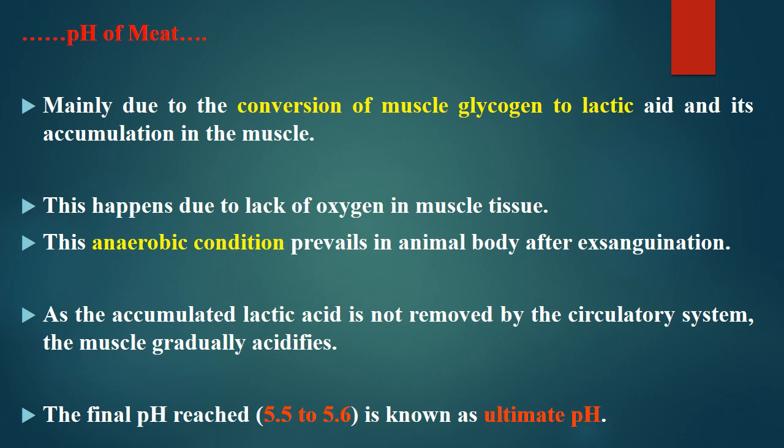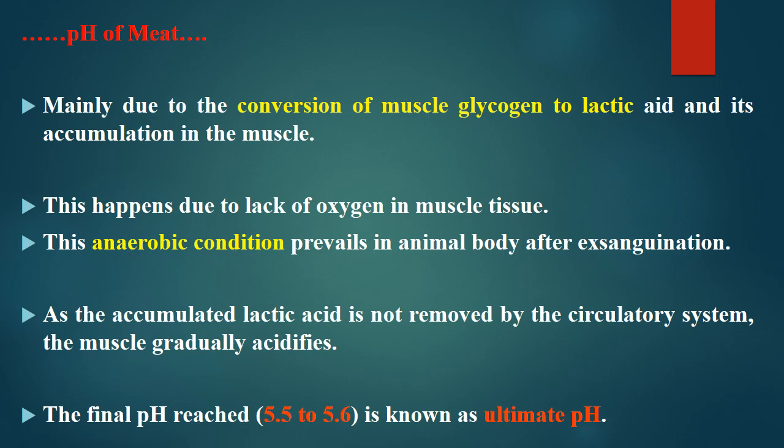After slaughter there is no blood circulation, so there is no oxygen supply, but the muscle still wants energy, and to maintain structural integrity ATP formation continues. Whatever glycogen is available undergoes glycolysis under anaerobic condition, which produces lactic acid, and accumulation of lactic acid causes the decline in pH.